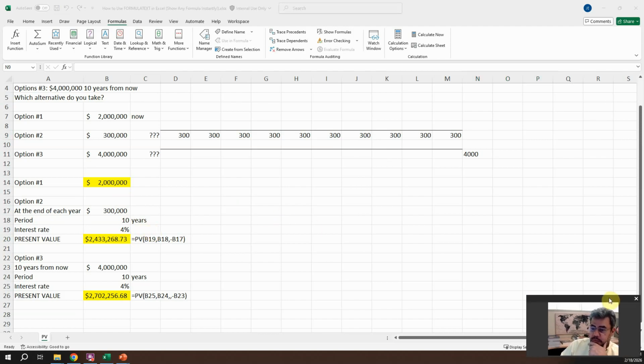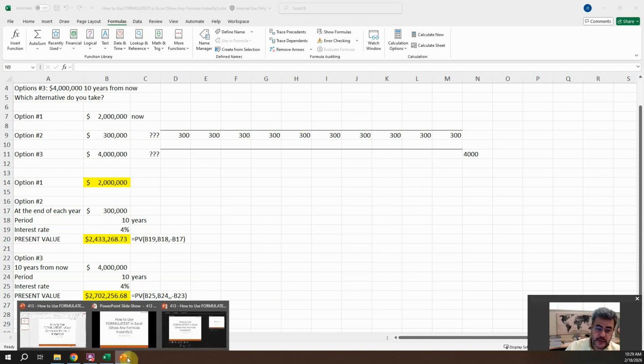So it can be very helpful if you want to make your Excel file clear, or people need to understand what formula you are working with. Easy, huh? Easy and very interesting.